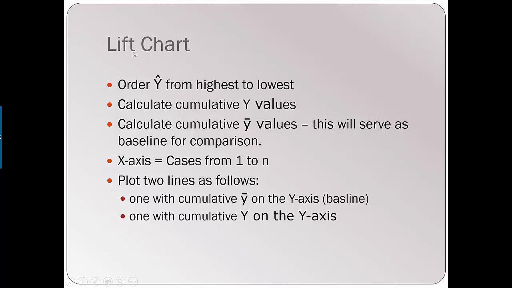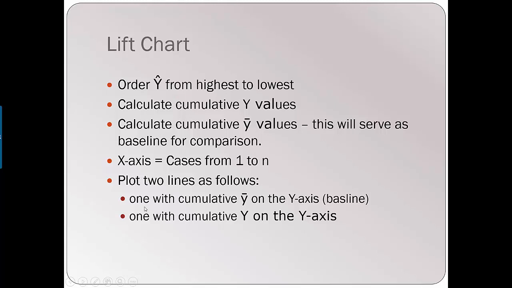But if y hat is not doing a particularly good job, the cumulative y will be pretty close to simply the cumulative y bar value. So you plot the cumulative y bar value and the cumulative y value ordered by y hat. The x-axis will be cases going from 1 to n.